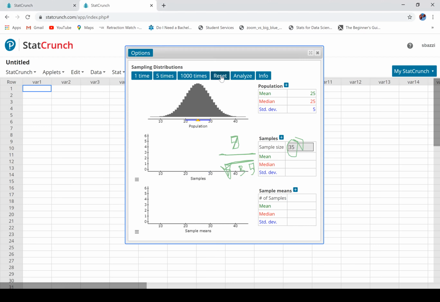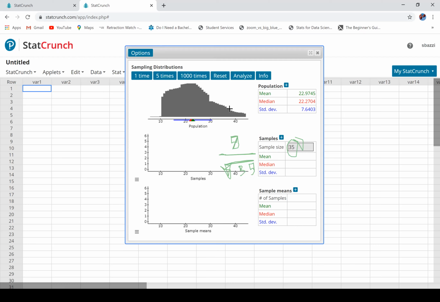Let me reset this, guys. And now, instead of this, I'm going to do a skewed right population. There you go. Okay, so the mean is about 20. Let me just see if I can get 23.